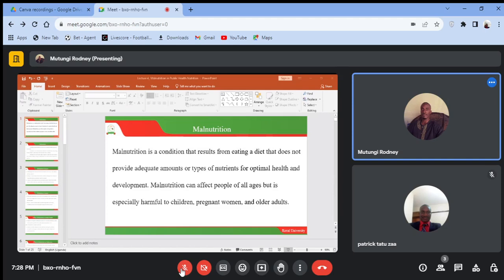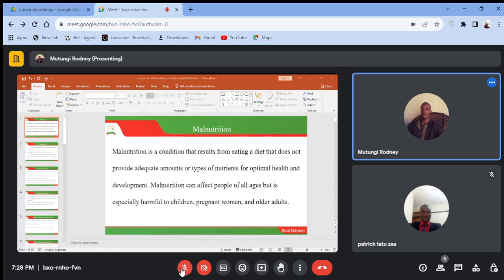So you do this through nutrition education, and it can be delivered through various channels, such as mass media like radios, TVs, newspapers. You can also use schools, very good avenues for nutrition education, when you target those students.